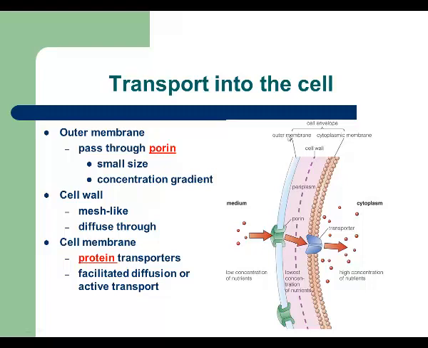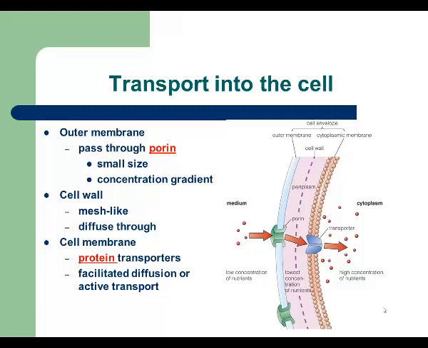Let me remind you that the space between plasma membrane and outer membrane is called periplasm. Since the outer membrane is the most outer layer of a cell envelope, it is the first barrier for nutrients.